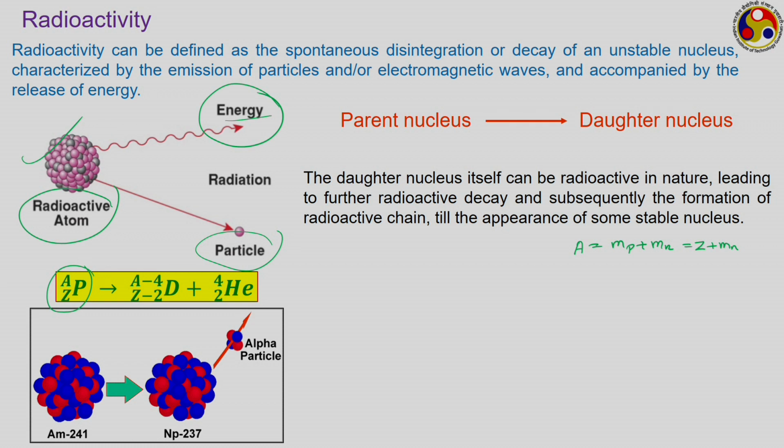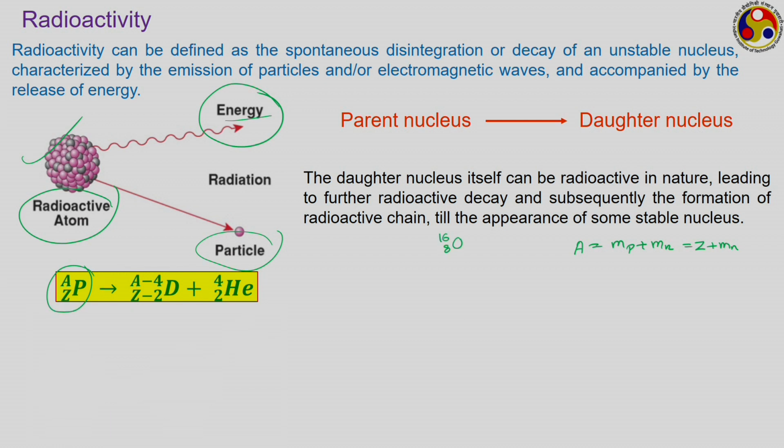For example, this is generally the common way we write a symbol: something like 8O16, which refers to an oxygen nucleus having an atomic number of 8 and a mass number of 16. Therefore, the number of protons is equal to 8, and the number of neutrons will be 16 minus 8, which is equal to 8.